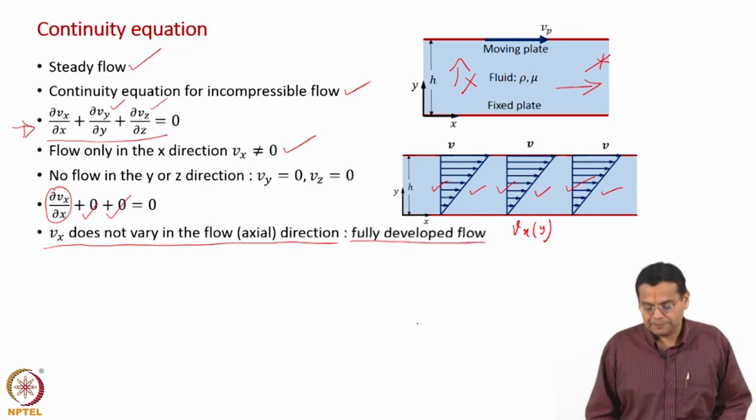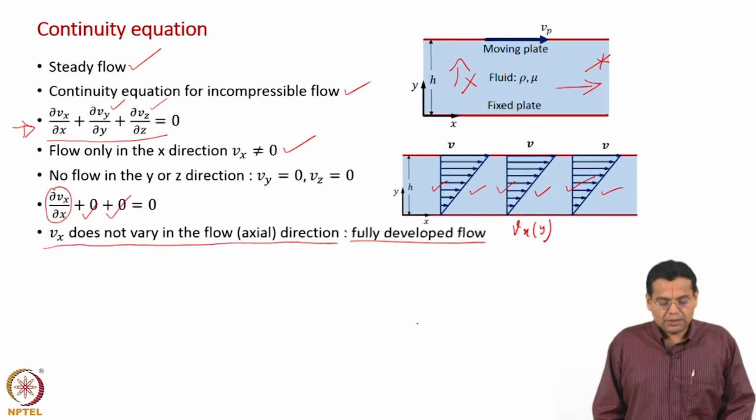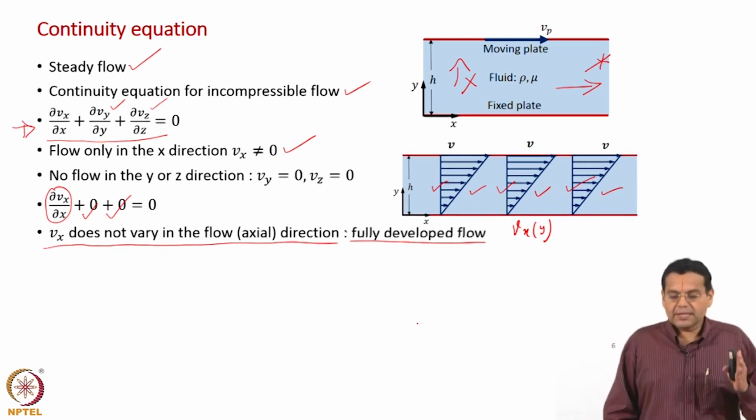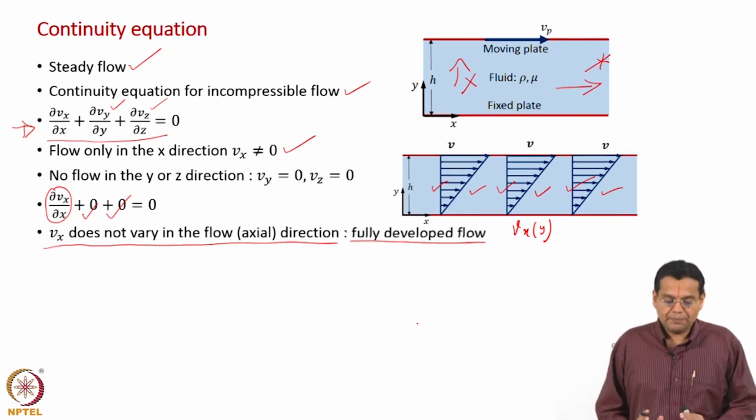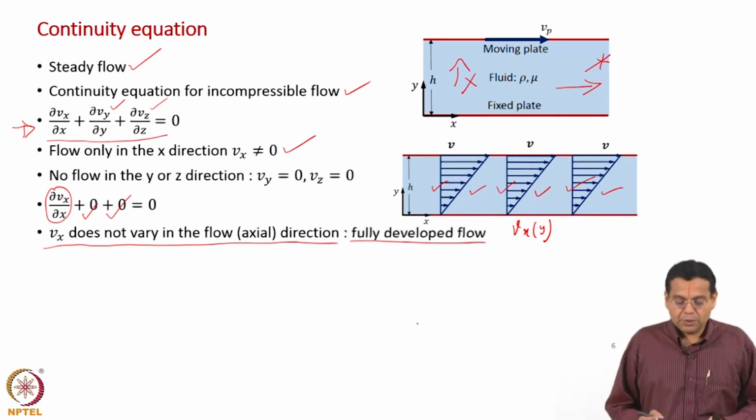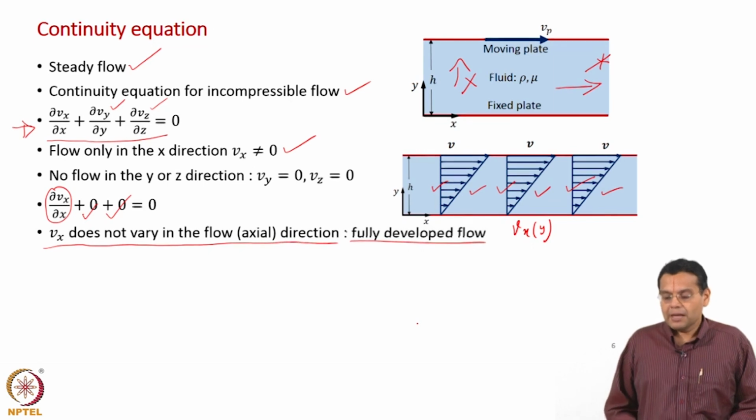So, now what is the conclusion? We said Vx not equal to 0, then we assumed that Vy is equal to 0, Vz equal to 0. If you do so and use a continuity equation, you conclude that the flow should be fully developed.